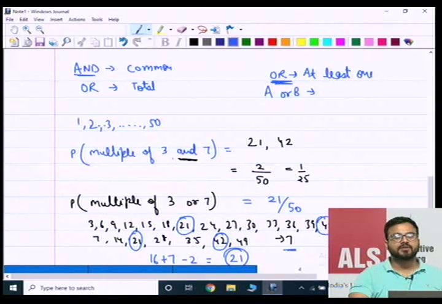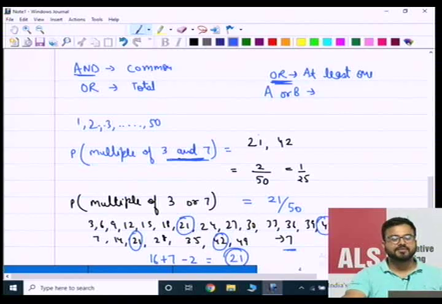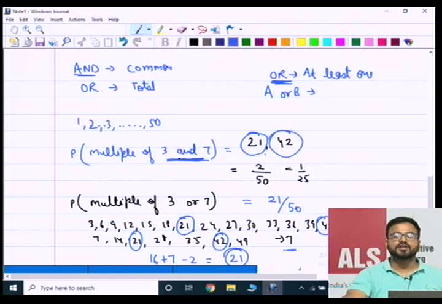But 21 is divisible by 3 as well as 7 at the same time, so 21 is an example of a multiple of 3 and 7. Similarly, 42 is the only number less than 50 and after 21 which is a multiple of 3 as well as a multiple of 7 at the same time.